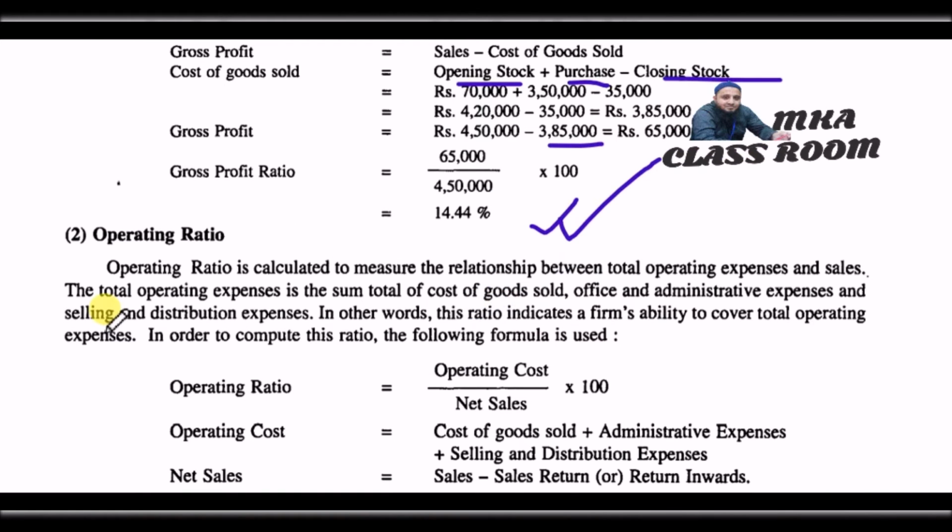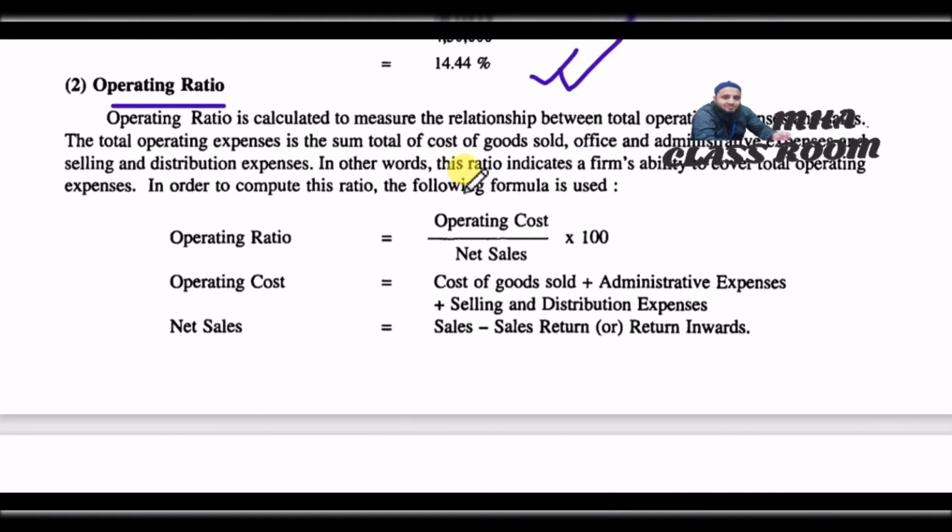Then the operating ratio is calculated to measure the relationship between the total operating expenses and sales. The total operating expenses is the sum total of cost of goods sold, office and administrative expenses, and selling and distribution expenses.